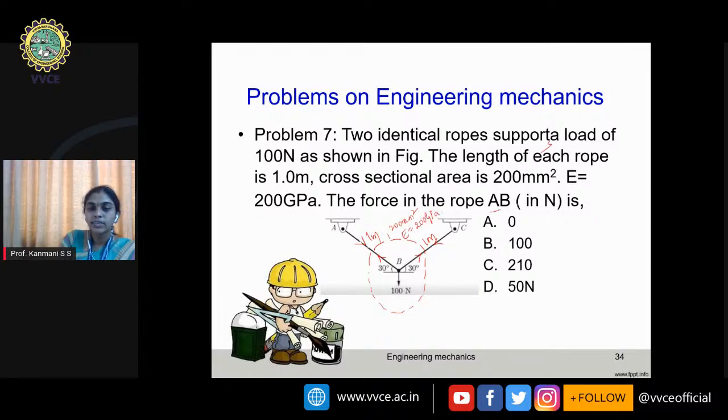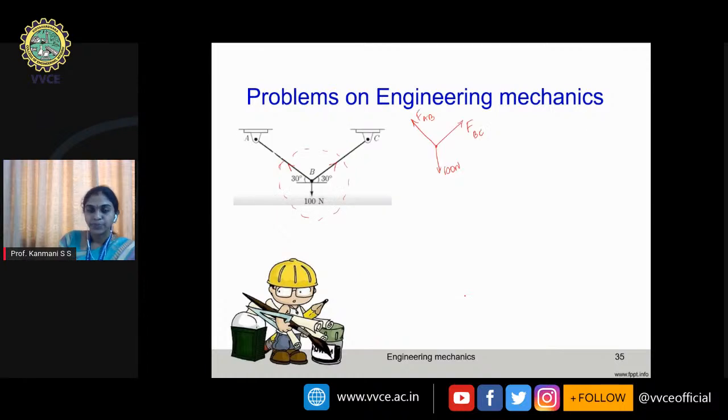The question asked is to find the force in rope AB in Newton. It is a question that is made a little confusing with the lengths, areas, and Young's modulus. You have to find simply the force in rope AB, for which let us apply Lami's theorem.